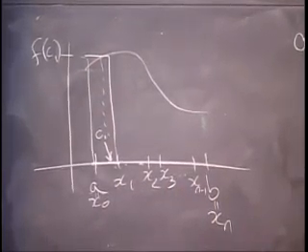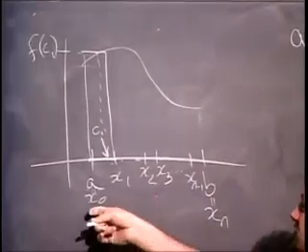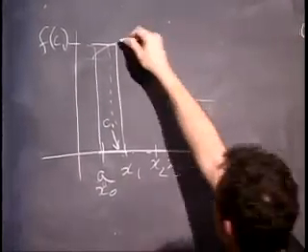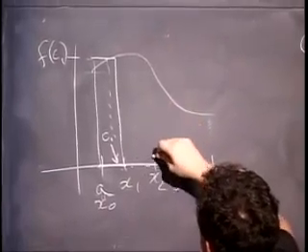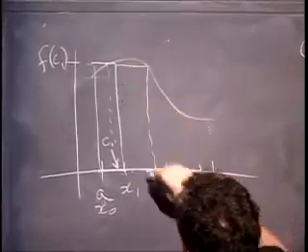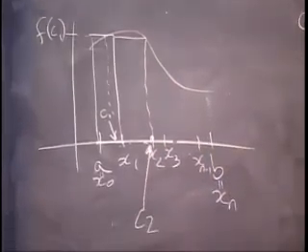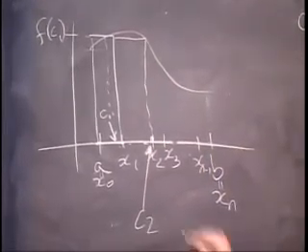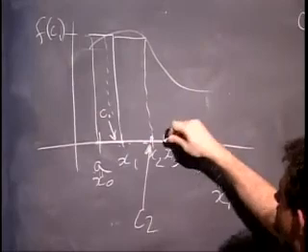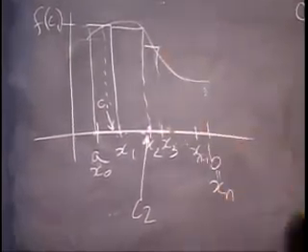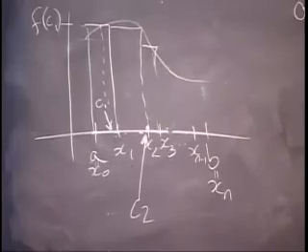And the area of that rectangle is, of course, x1 minus x0 times f of C1. And I'll do the same thing for here. I'll pick this endpoint, so maybe C2 is the same as x2. That's allowed. C2 could be anywhere between x1 and x2. Same with C3, anywhere between x2 and x3.